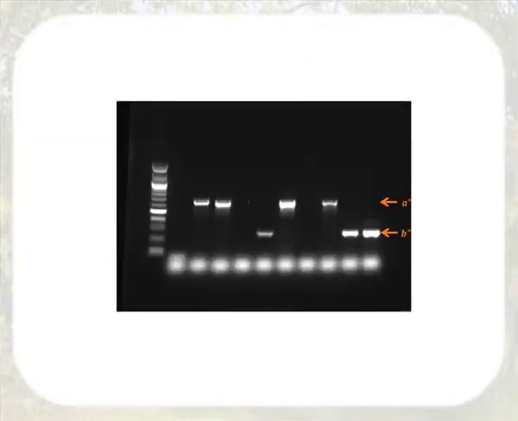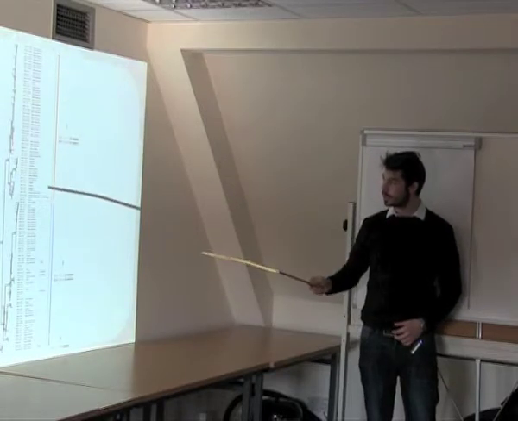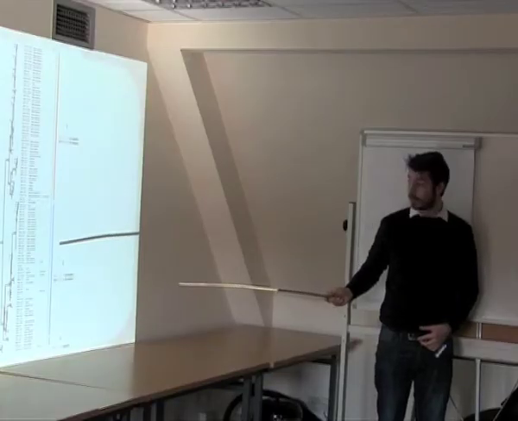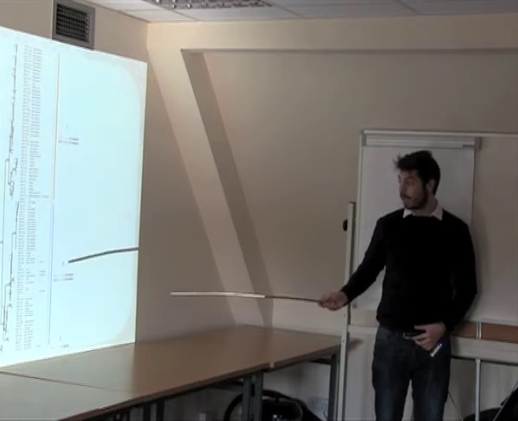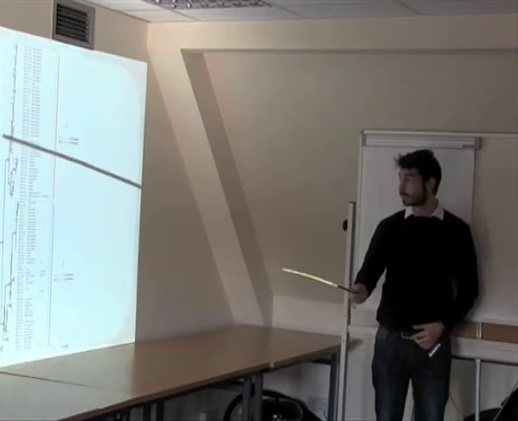So, using primers for the presence of mating type 1 and mating type 2, we're able to characterize our isolates. And through associating this with our phylogeny, we're able to see that within both lineage 1 and lineage 2, we see a relatively even distribution of mating type 1 and mating type 2 loci within these lineages, for what is generally considered an asexual species, and having been asexual from a very basal state.